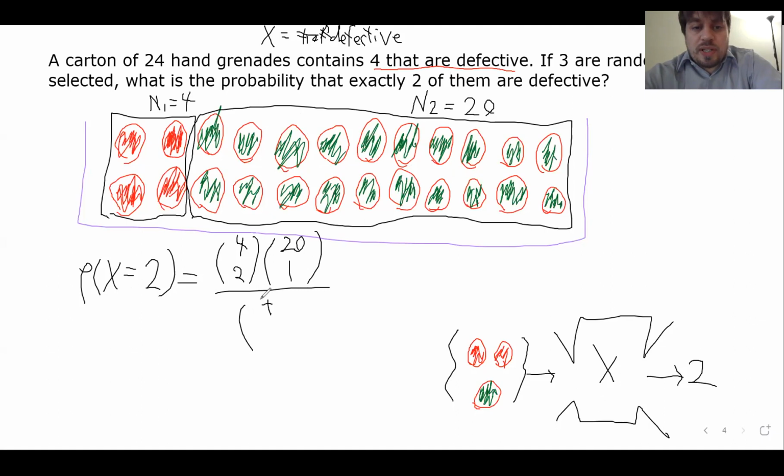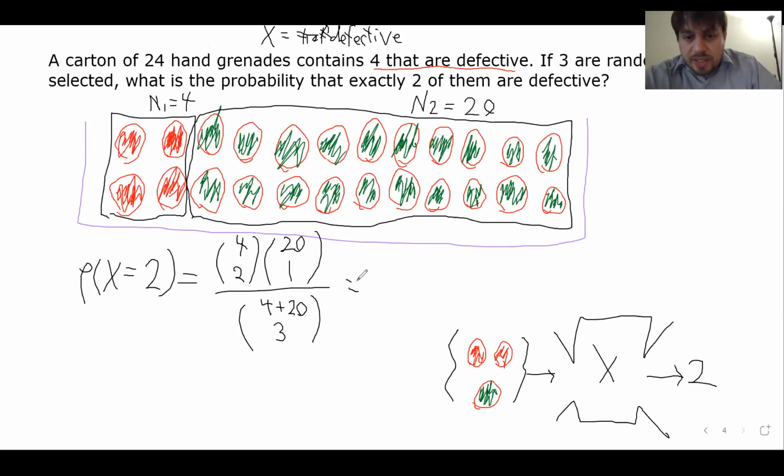I'm just following the formula exactly. It's N1 plus N2, choose n. So there are 24 things in the box, choose 3 of them. And the value of that is the answer to the problem.